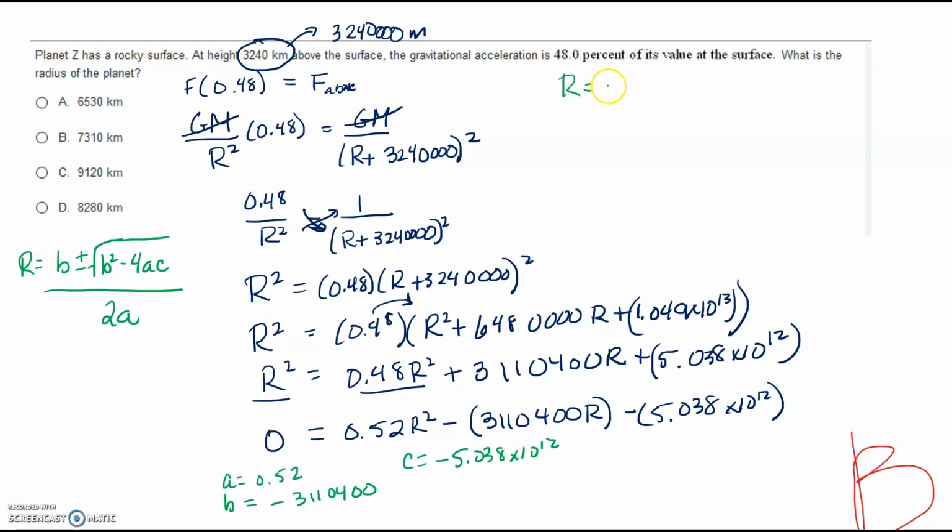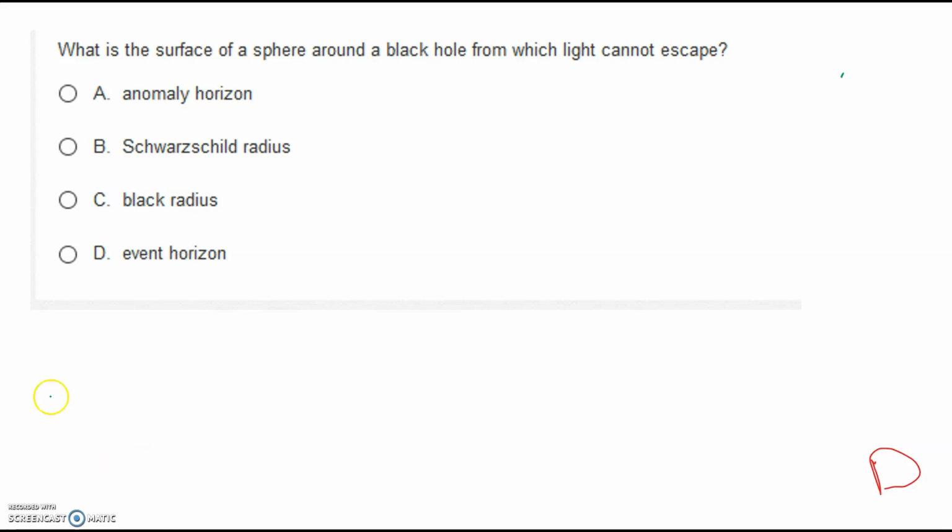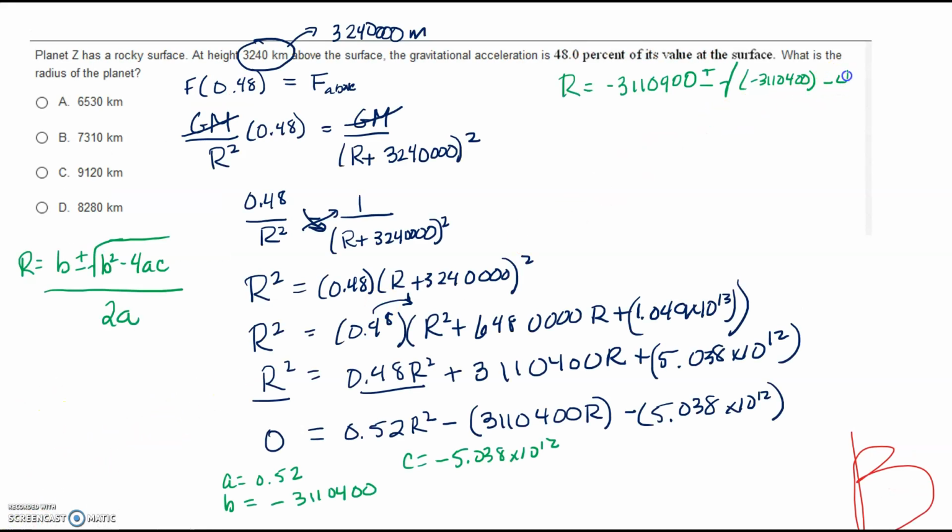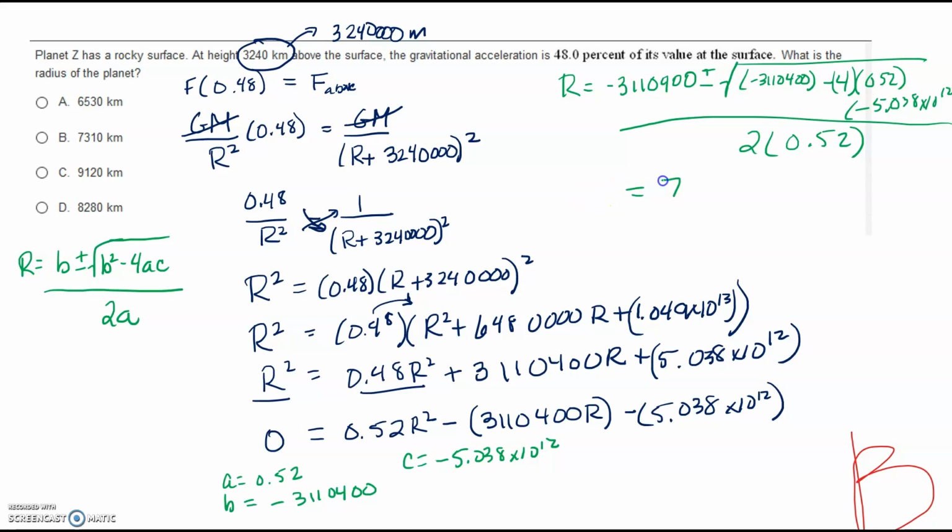So that's negative 3110400 plus or minus the square root of negative 3110400 squared minus 4ac, that's square root all over 2 times, and what I get is I get 7307383.89 meters, but all of my answers are in kilometers.